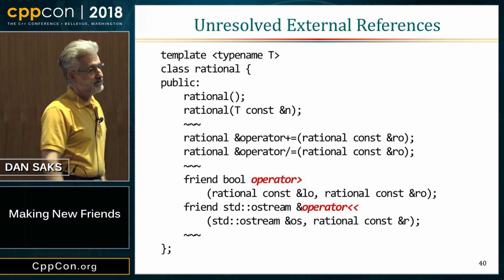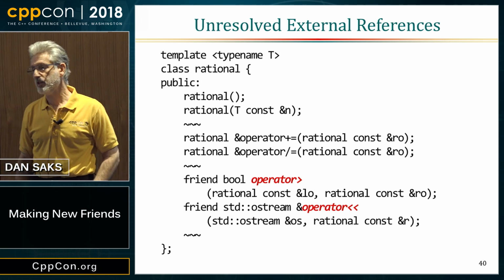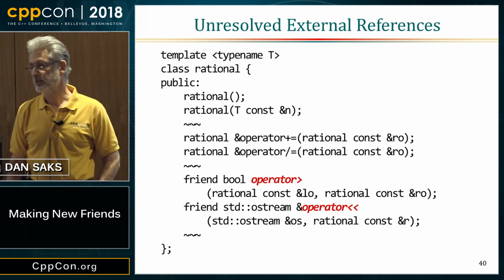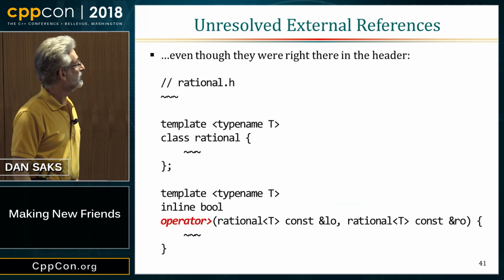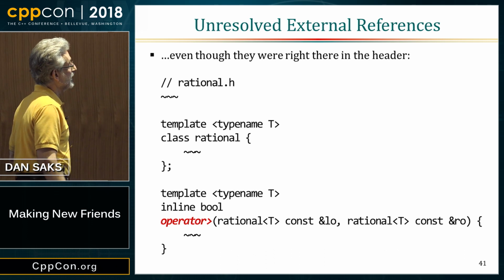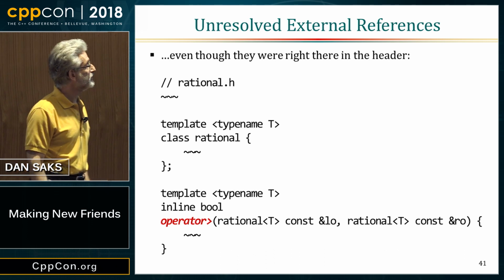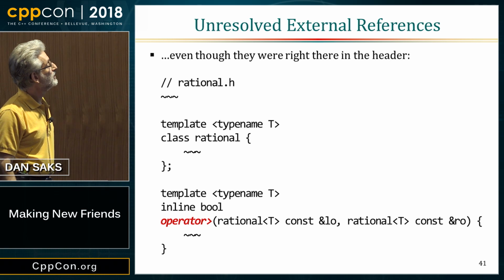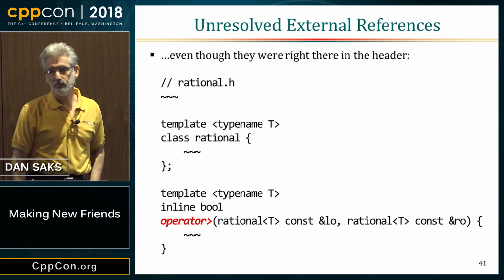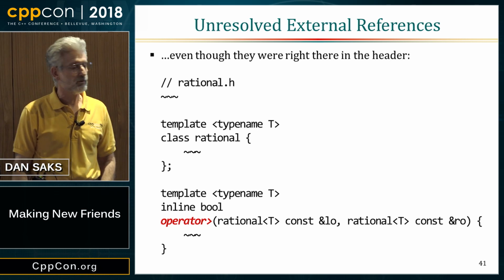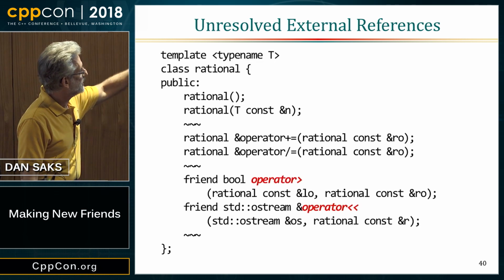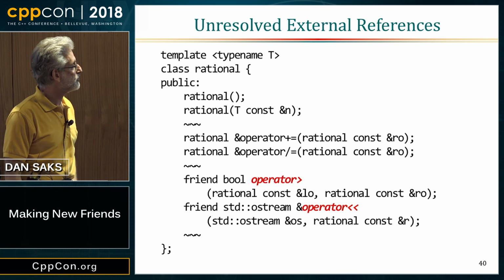And I did that, and the compilers were all over the map as to whether or not they were willing to accept this. Some did, some gave link errors. It turned out that one gave me a compile error, which I'll show you in just a moment. So anyway, what really piqued my interest at first was the ones that were telling me that there were link errors, there it is. There's the friend declaration for operator greater than.